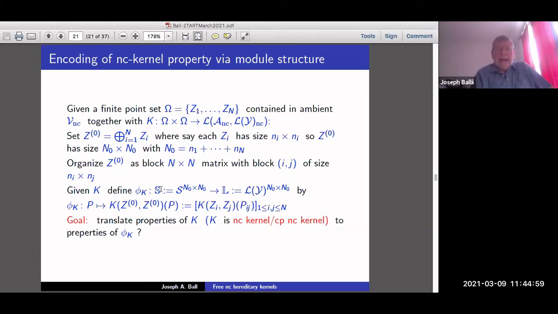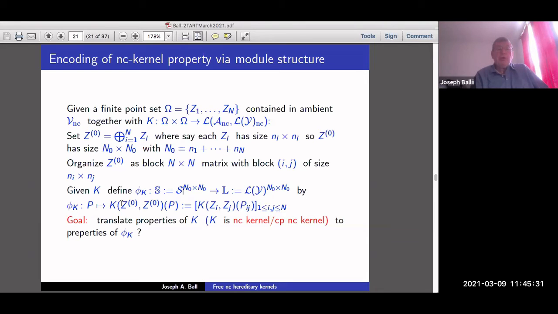Blackboard bold A is n naught by n naught matrices over the C star algebra A. And so you're going to have a map from this C star algebra to blackboard bold L, which is n naught by n naught matrices over operators on Y. Namely, you take P, which is just this big matrix over A, and you map it to K of Z naught, Z naught.